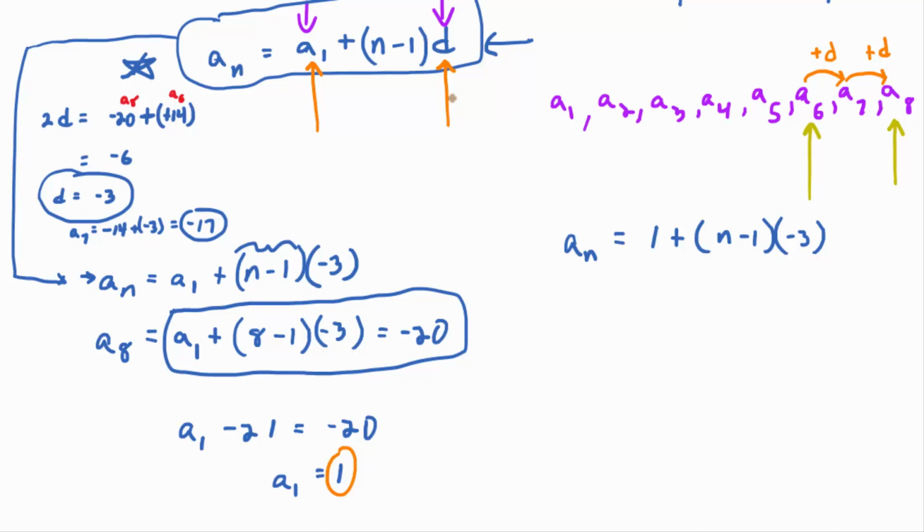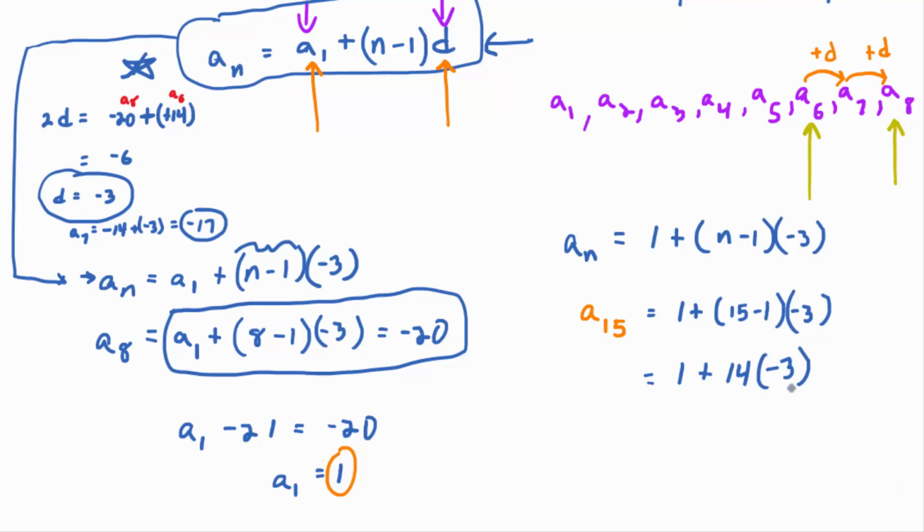Now, finding what was it, A15? Is that a big deal once we have the explicit formula? What do you do? Plug in 15 for n. Can we compute that? What is that? 1 plus 14 times negative 3?